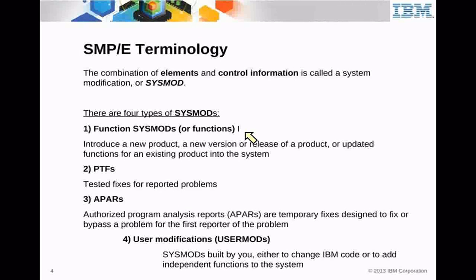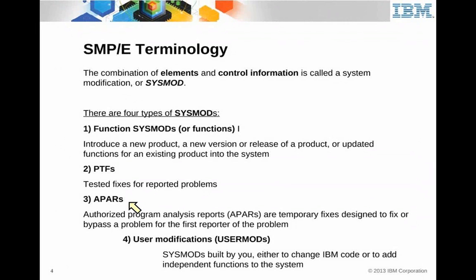And that could be a product. Think of it as a whole product. But then there are other types of SYSMODs that are just fixes to the function SYSMOD. So you could have a PTF SYSMOD, and a PTF is basically a fix.